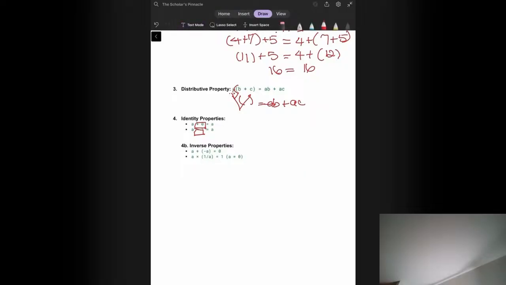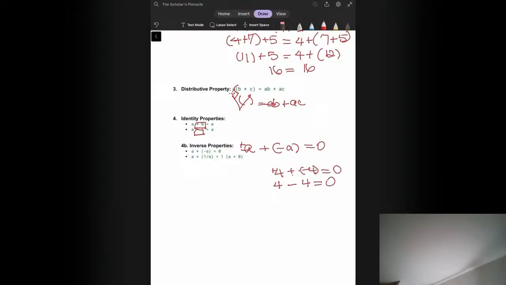This is where the positive of a number plus the negative of that same number would give you 0. It makes sense. In this case, positive 4 plus minus 4 would certainly give you 0.